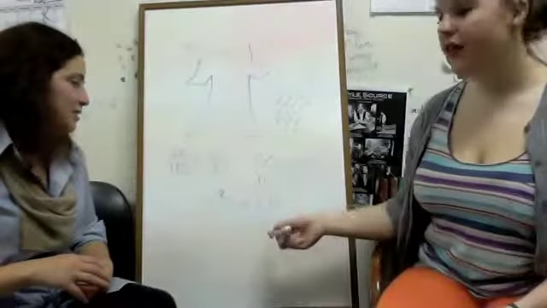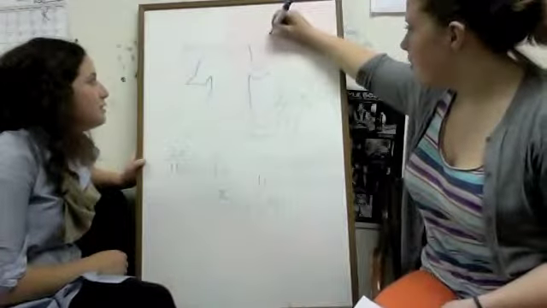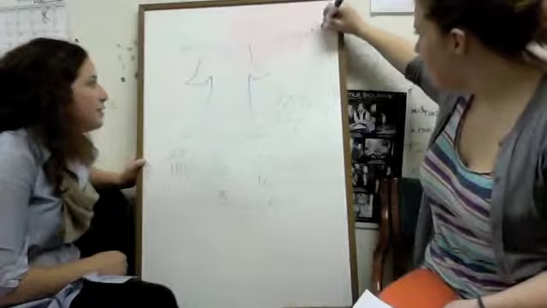So the discount is $4. So to find out the new price of the dress, you just subtract $4 from 20 and you get $16.